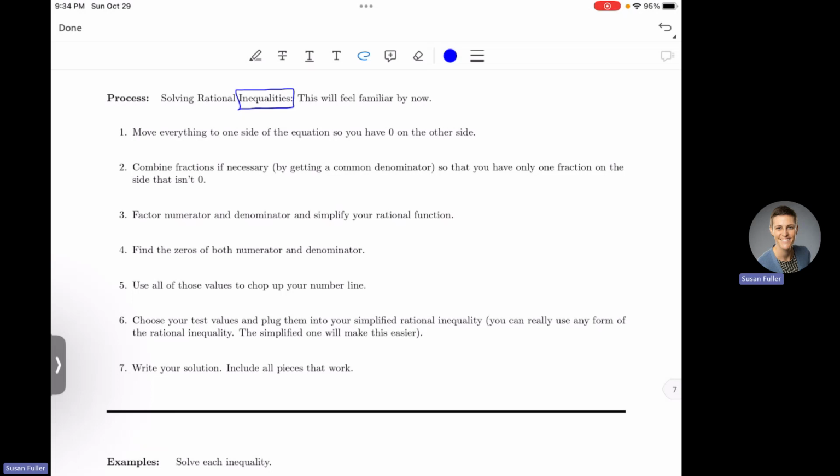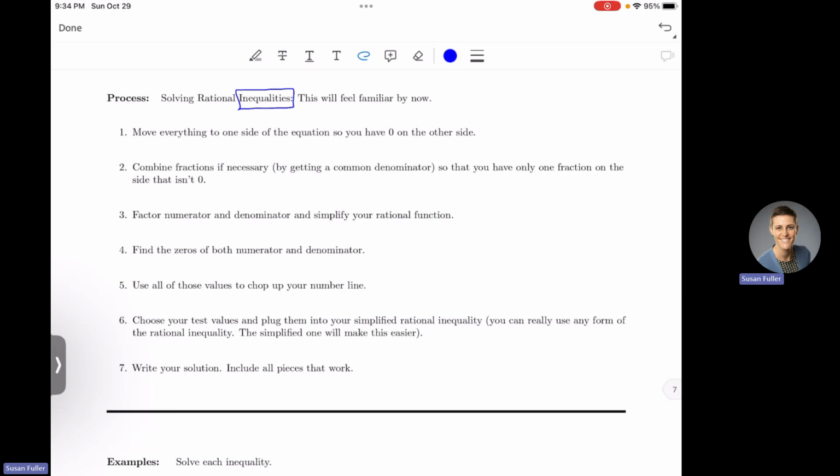With quadratic and polynomial inequalities, you solved the equality, you put those solutions on a number line, you tested values in each section of the graph, and then you wrote your solution, including the pieces that work. We're going to be doing exactly the same thing with rational inequalities.